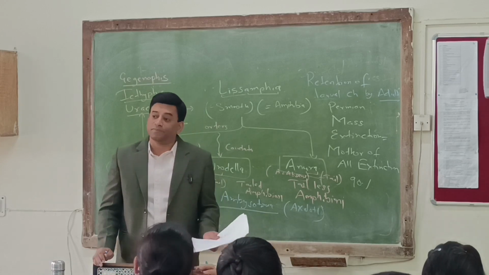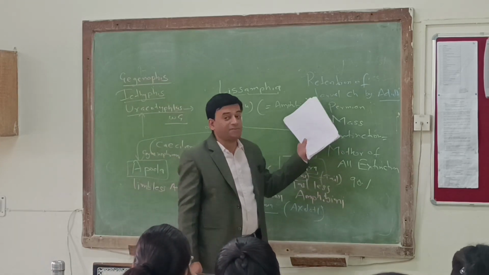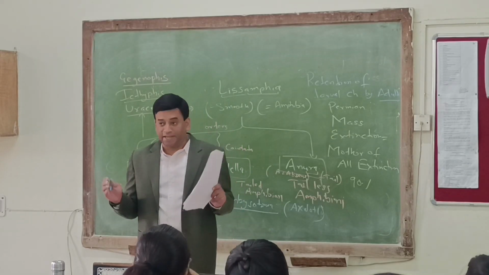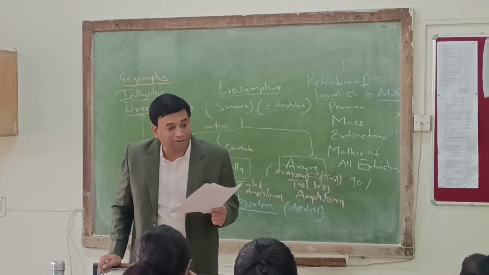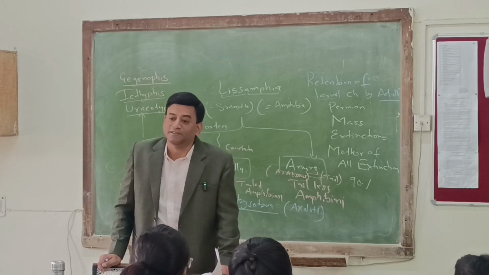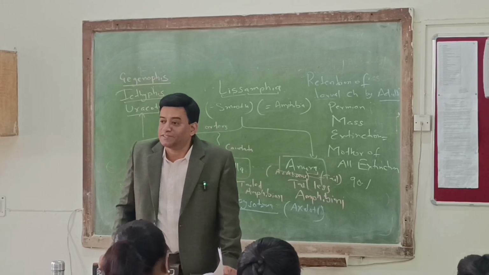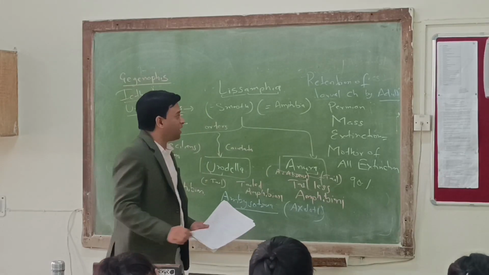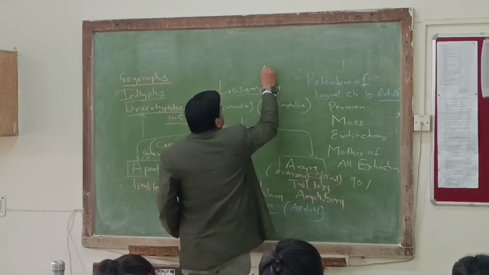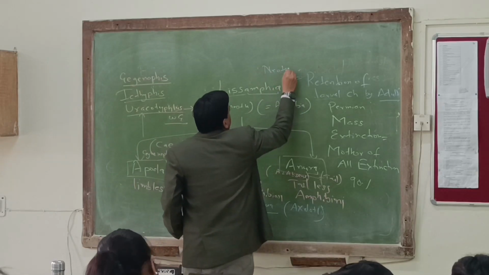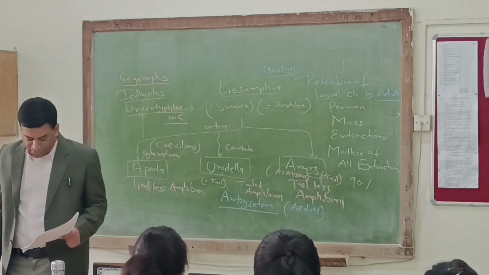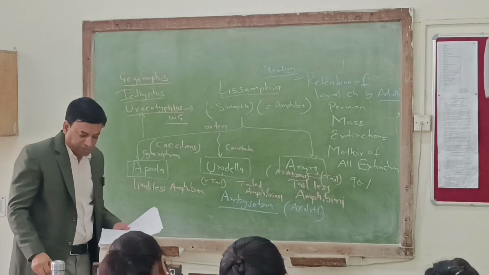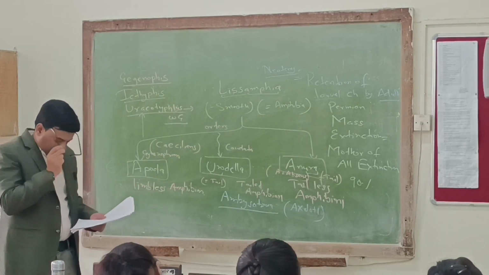But if an amphibian has these larval characters, having a tail and respiring with gills, but starts reproducing, then it is neoteny, the retention of larval characters by an otherwise adult. Very, very important: neoteny and paedogenesis. So this salamander, Ambystoma axolotl, shows neoteny.